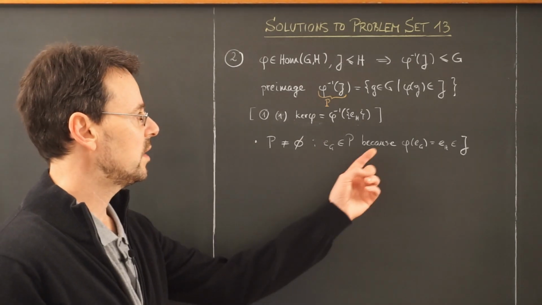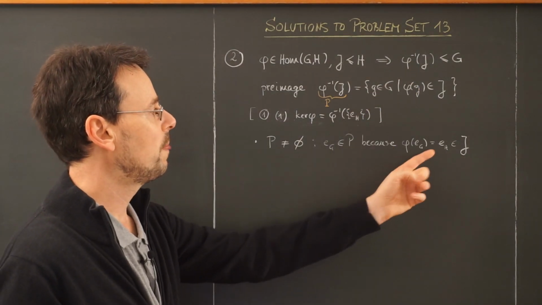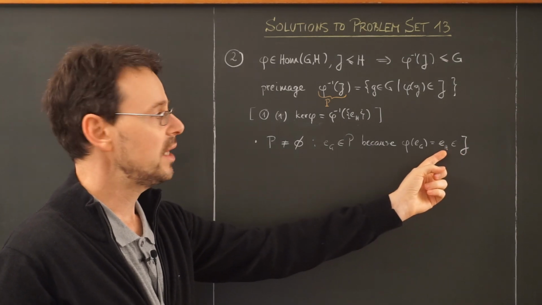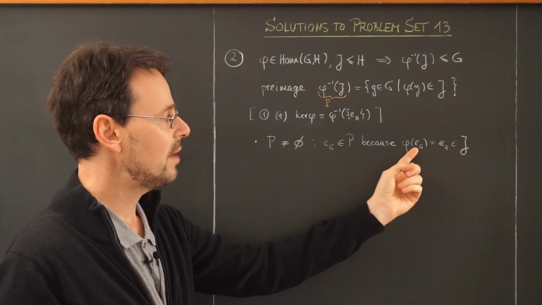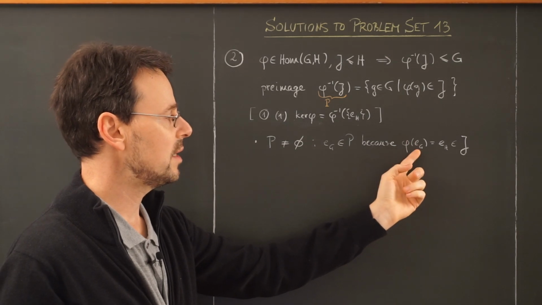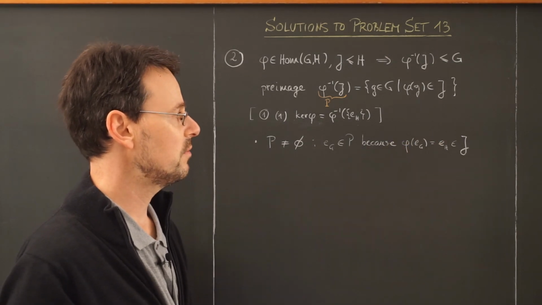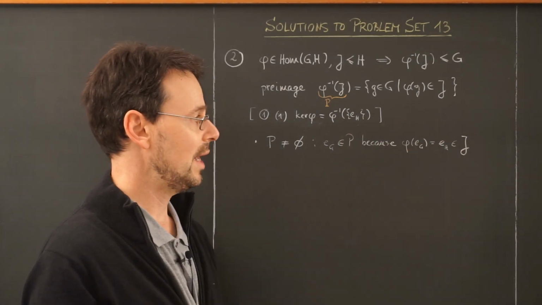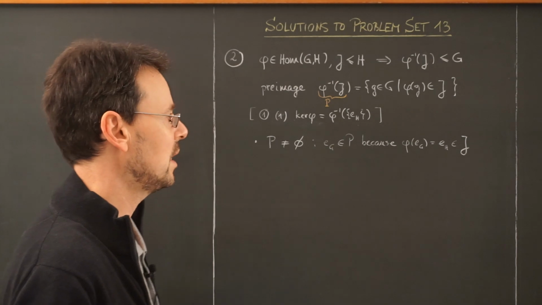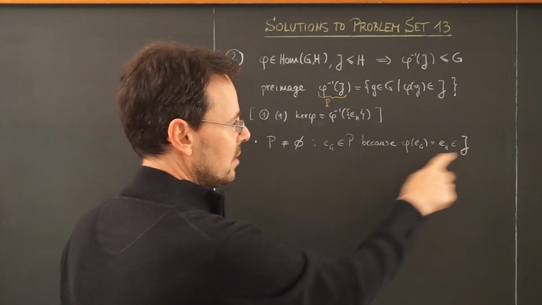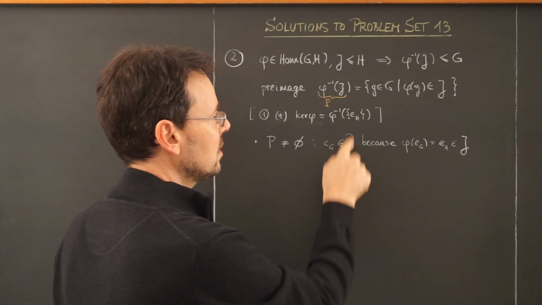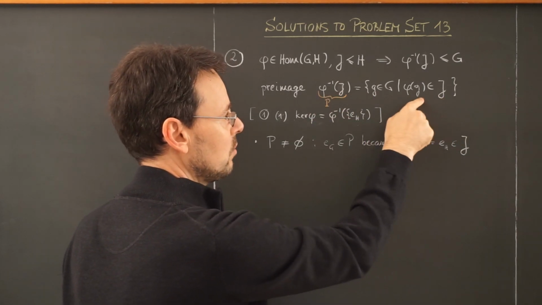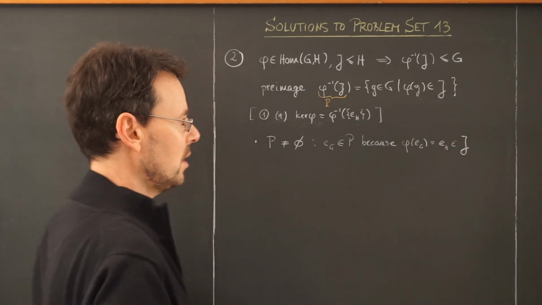And for this we already need that J is a subgroup, because as a subgroup it must contain the identity of H, and we know that every homomorphism maps the identity of G to the identity of H. So we use both facts, first that phi is a homomorphism and that J as a subgroup must contain the identity. And this here by definition means that EG is an element of this set, because this is exactly what happens. If I map it with phi, I end up in J.